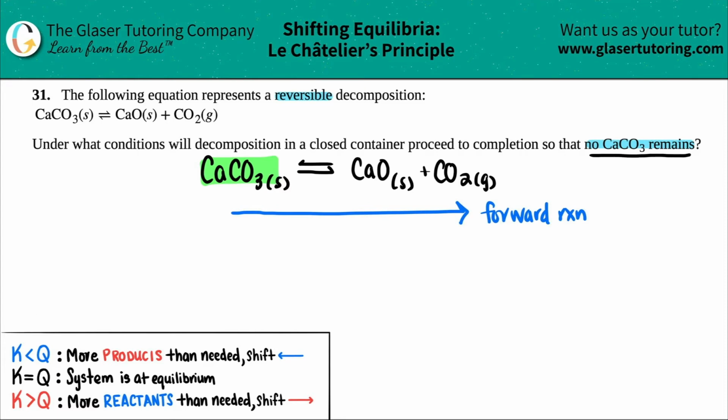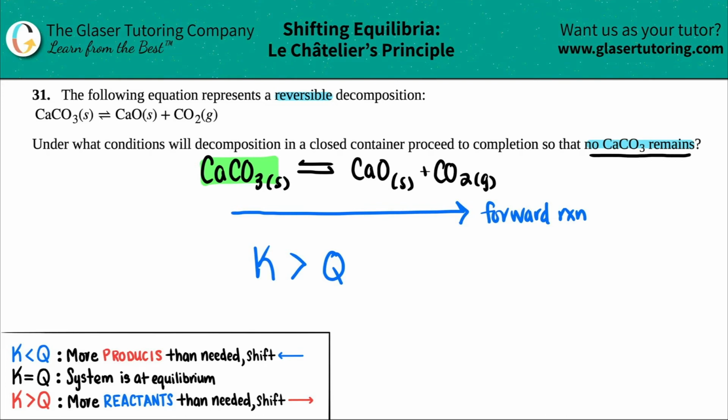So if I want to force the forward reaction, look at these arrows. If we want to go towards the product side, or shift to the right, we need a situation in which K, the equilibrium constant, is greater than the Q value.